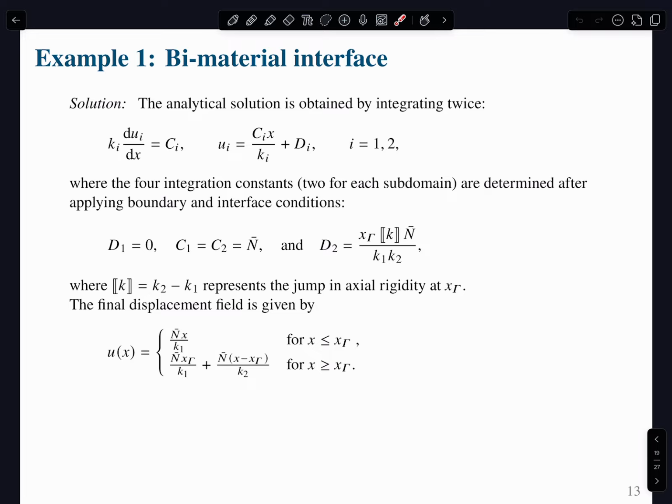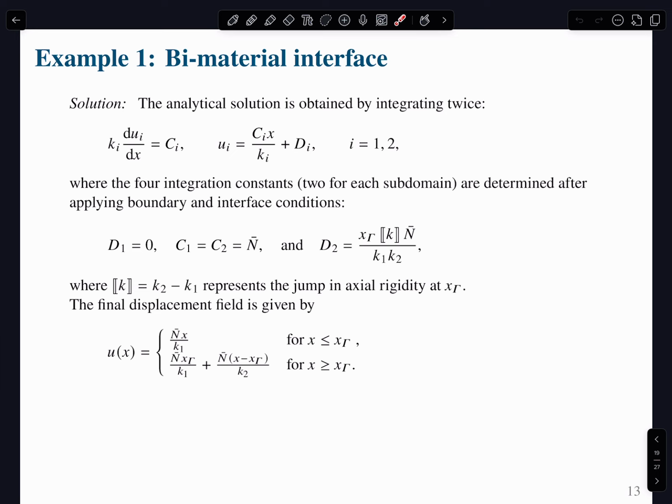We have all these discontinuities. And notice that I say my function u is equal to this n bar x divided by k1, which is basically at every point, if you think about it, the solution is telling me that the displacement is going to be proportional to the length.